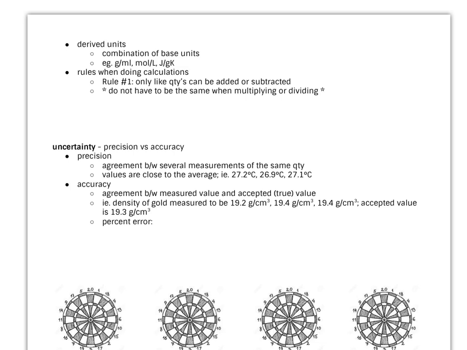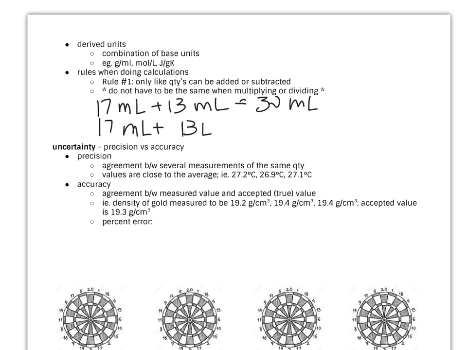So, for example, you could easily add 17 milliliters plus 13 milliliters and get 30 milliliters. However, you could not add 17 milliliters plus 13 liters, even though it still has liters in it.